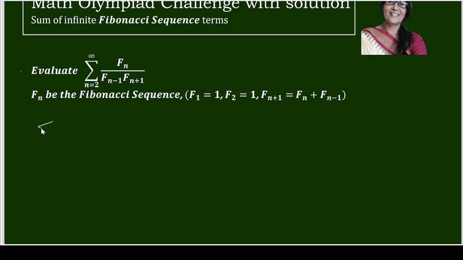So writing this summation n equals 2 to infinity of fn over fn minus 1 into fn plus 1, I'll write this in two series.